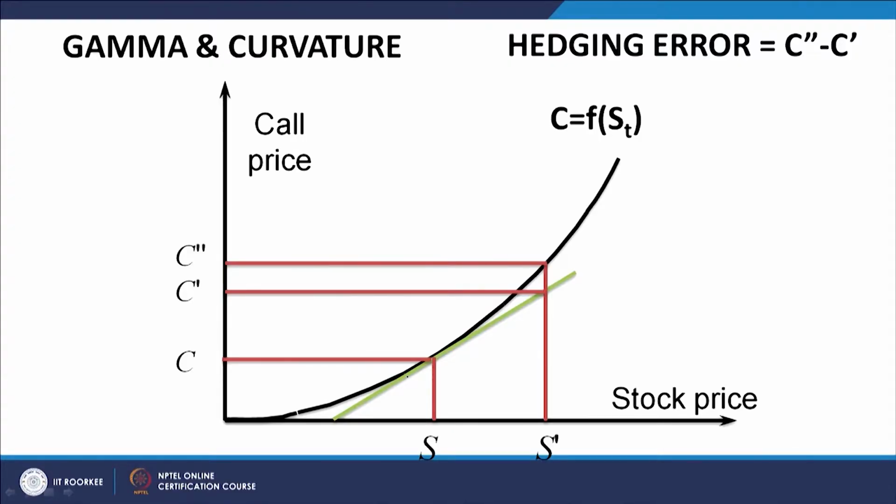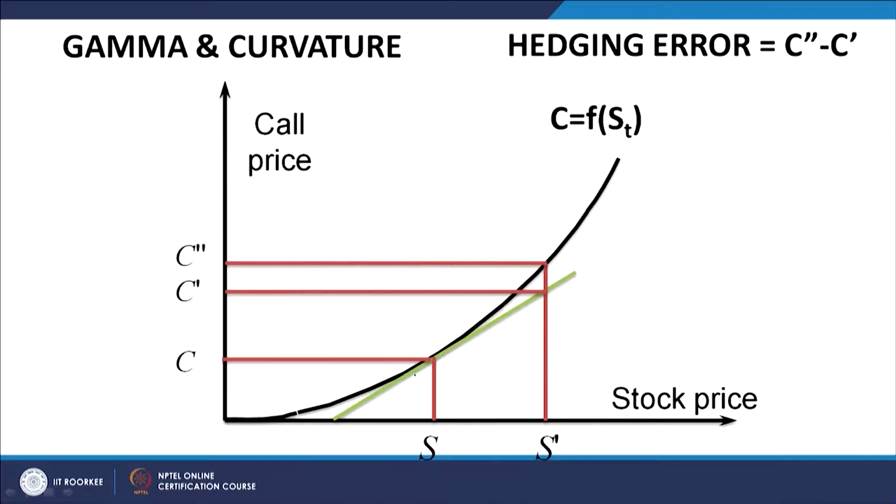And gamma is also again changing with respect to the stock price. As stock price changes, gamma also changes. As you can see, this is my slope at this point. Let us call it point A, and then suppose I construct a tangent here. This is my slope at point B. Therefore, you can see the slope has changed.